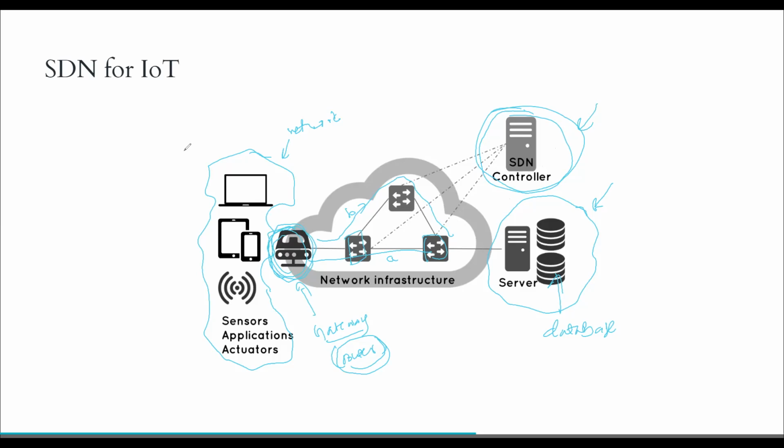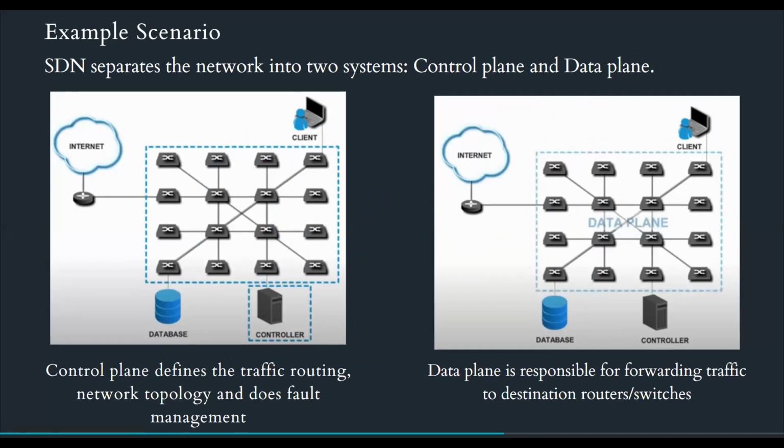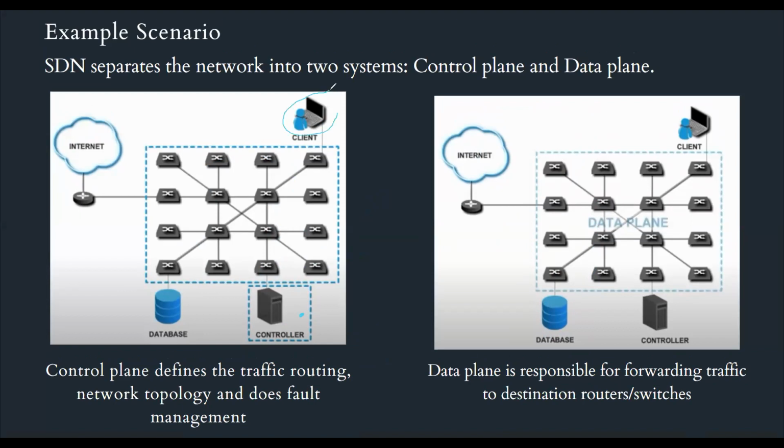Then we can also consider a simple scenario where we can understand the SDN process. We have a situation where the SDN controller is at the bottom here, and then we have a client who will request to connect with the database.